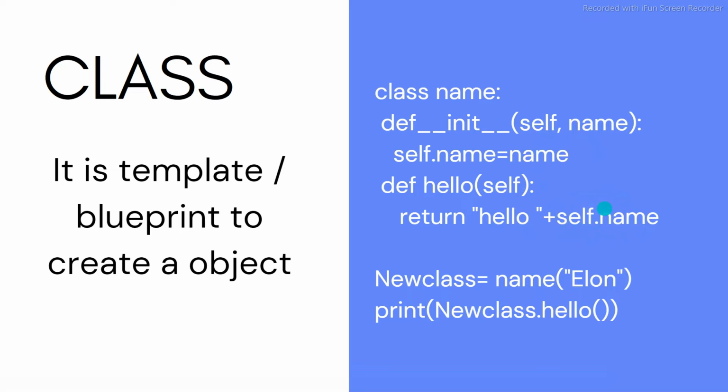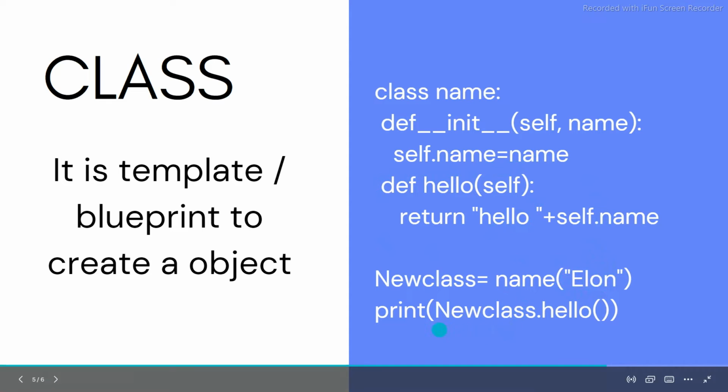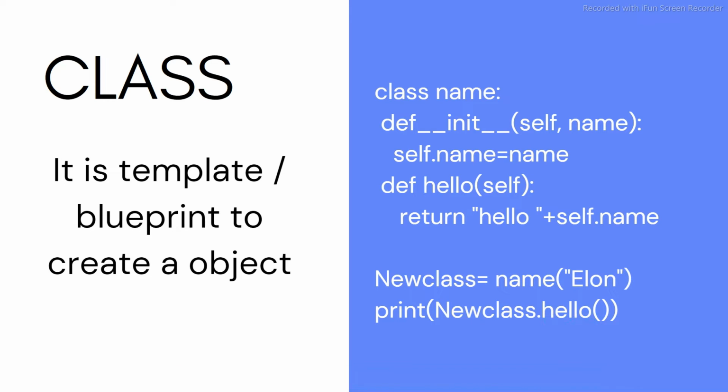It defines that the class has been called with the name alone, and you have to use this alone to say hello. And this is how we are going to use classes in object oriented programming.